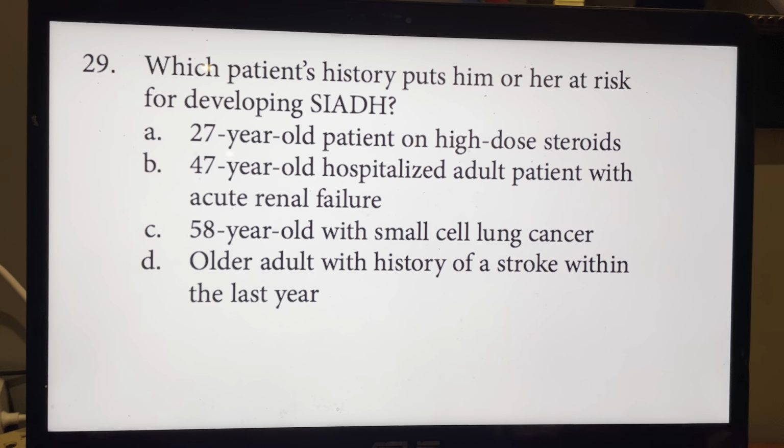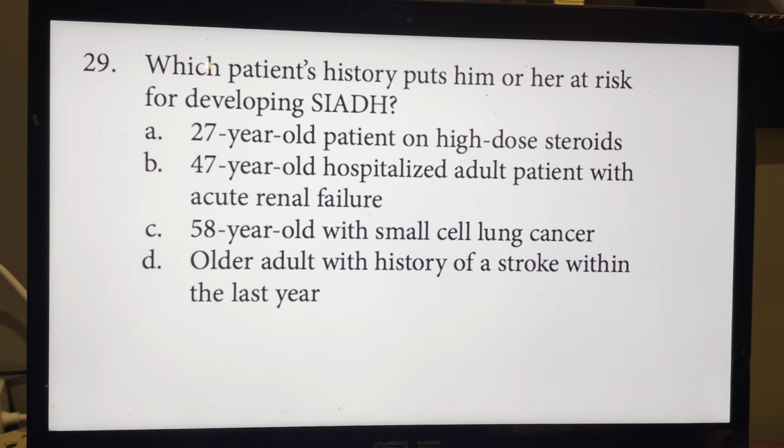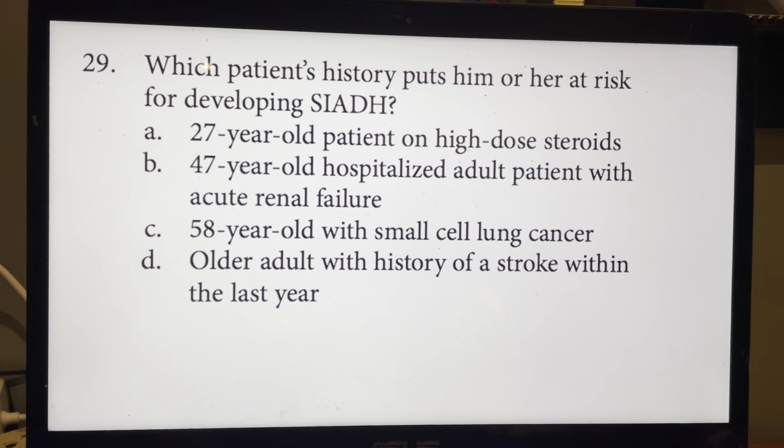Which patient's history puts him or her at risk for developing SIADH? A 27-year-old on high dose of steroids. A 47-year-old hospitalized adult patient with acute renal failure. A 58-year-old with small cell lung cancer. Or an older adult with a history of a stroke within the last year.